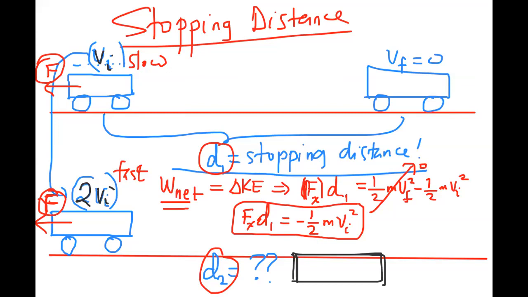You have a stopping distance D1. Now you double the speed at which you started the skidding. Now with twice V initial, how much more will you stop compared to this first stopping distance? Will it be 2 times, 3 times, 4 times, 5 times? I want you to figure out the response to this question.